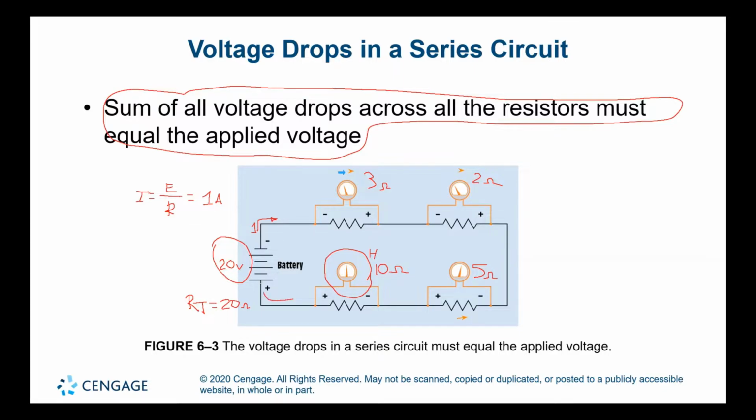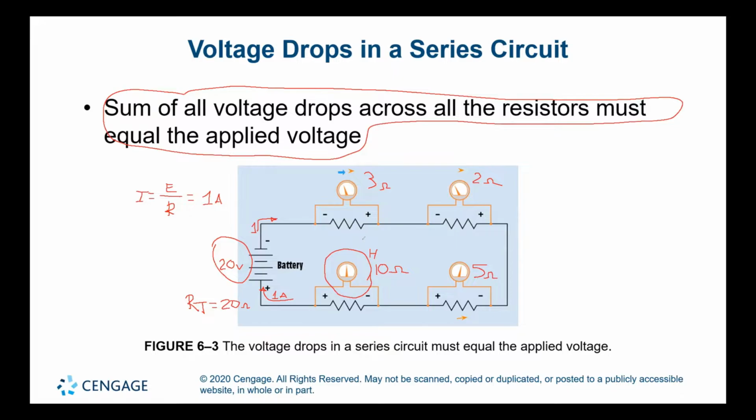So we are going to have 1 amp returning here. It cannot be more, it cannot be less. So this 1 amp is going to go through this component, do its work, and it will jump to this component, do its work, and continue to this component, and it's going to be the same 1 amp that goes throughout the circuit.